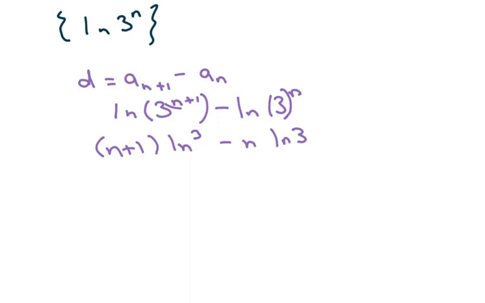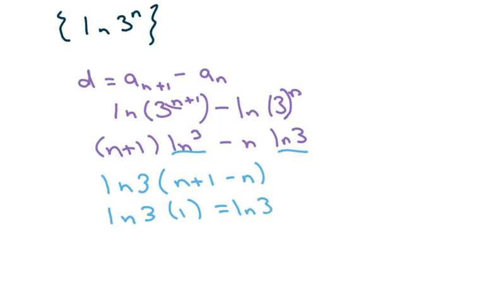Or I'm just going to factor out ln of 3, and you're going to get n plus 1 minus n, times ln of 3, times 1, which is just ln of 3. So ln of 3 is your common difference. So that's how you do that one.